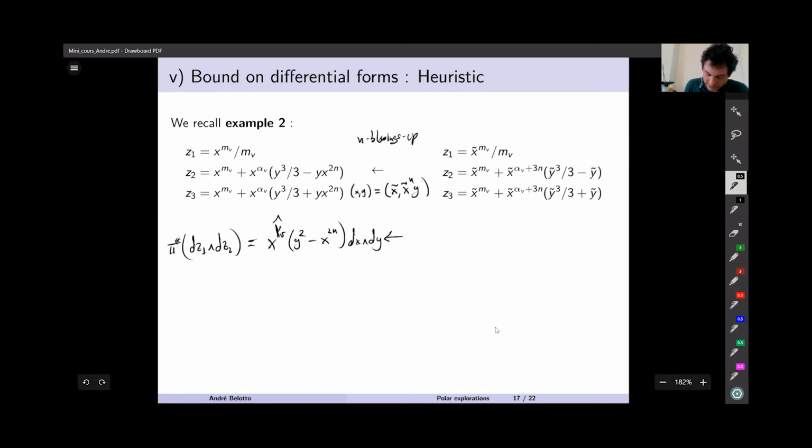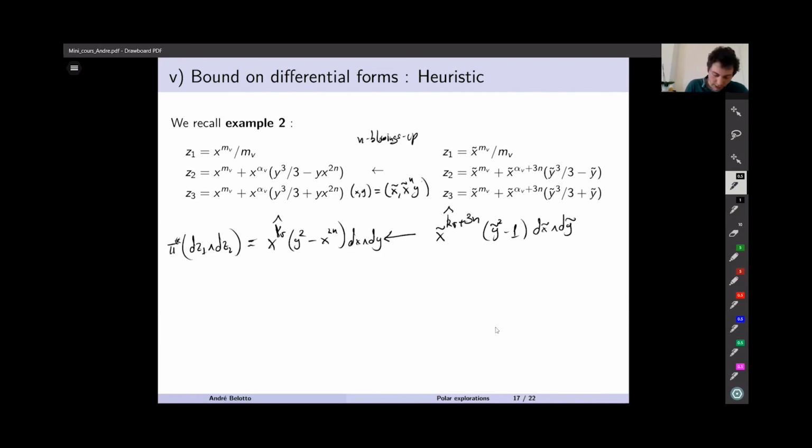And if I pull back by this transformation even more, then what I'm going to obtain is x tilde_v squared plus 3n, y squared minus 1, y squared minus 1 dx dy. And you can compute it directly from this normal form that is here.